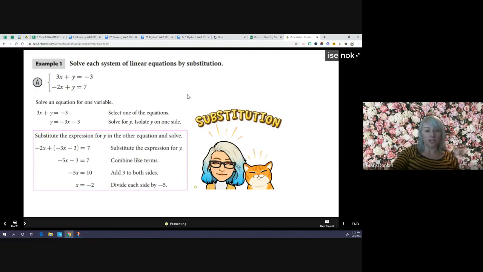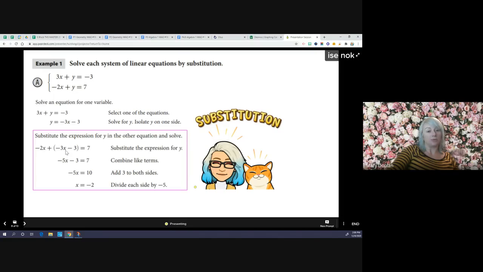Step 2, substitution. It's called the substitution method because we substitute a lot. Now that I have y equal to an expression, I can use the other equation that I didn't pick, which was -2x plus y equals 7. I write it out, except where the y would be, I don't write y.